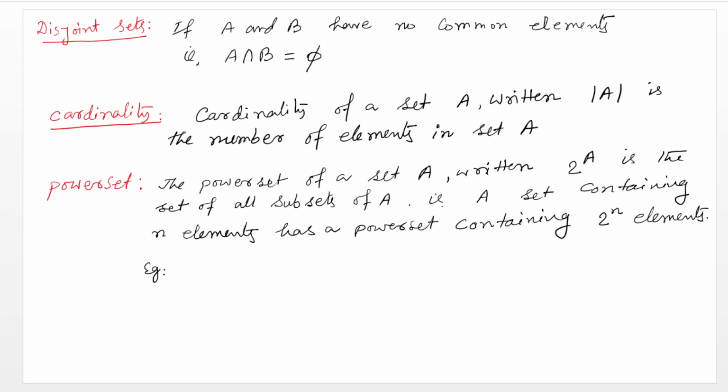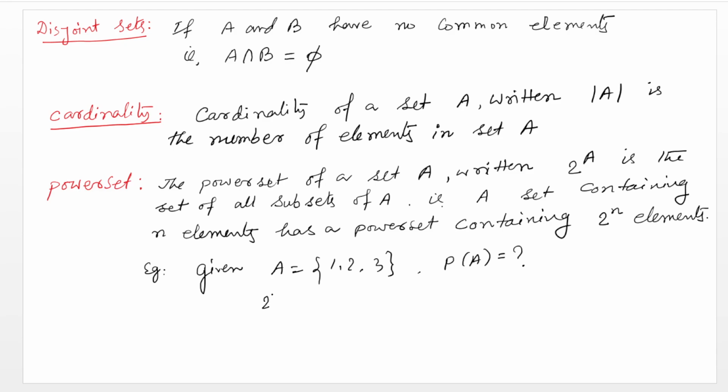For example, given set A = {1, 2, 3}, suppose we have to find the power set of A. As the set contains three elements, 1, 2, and 3, the power set will contain 2 to the power of the number of elements in set A. That is, the power set P of A contains 8 elements.